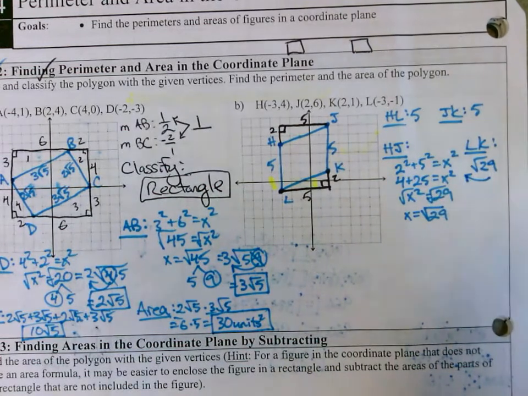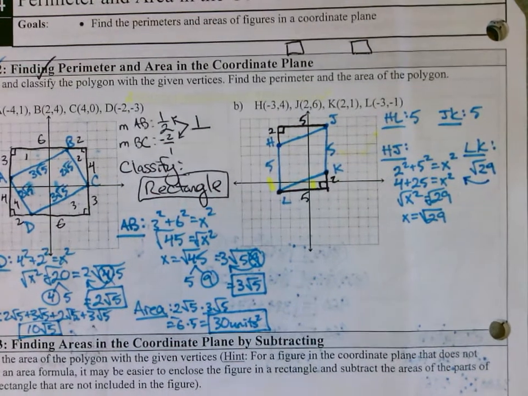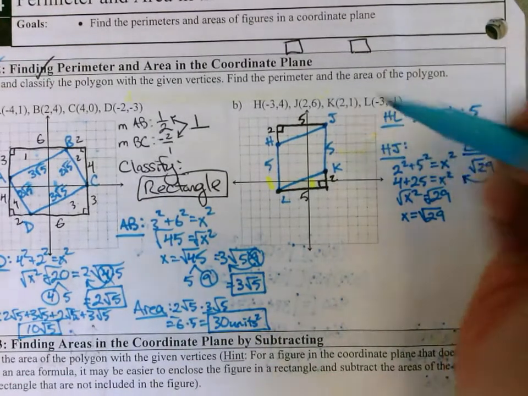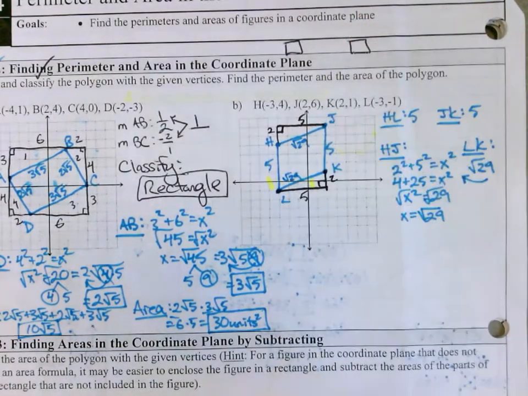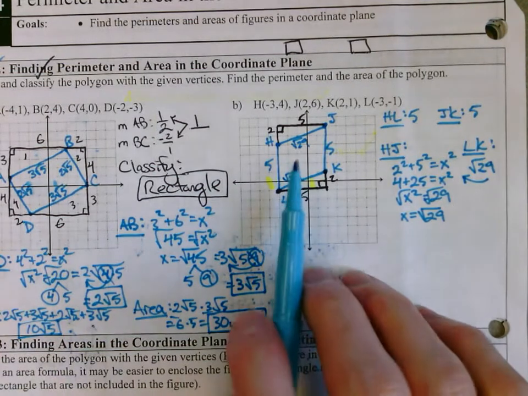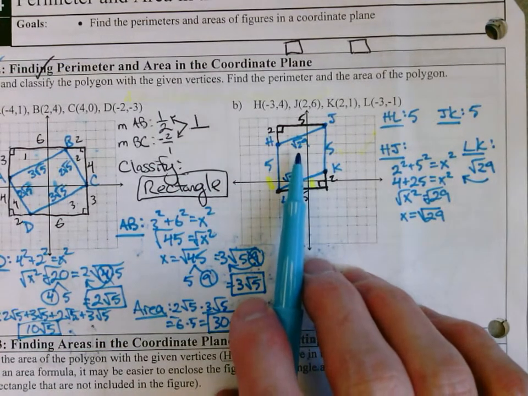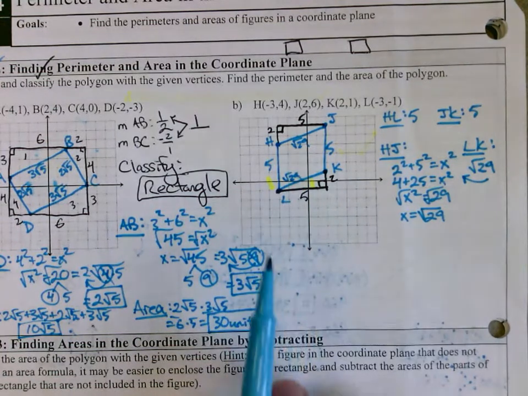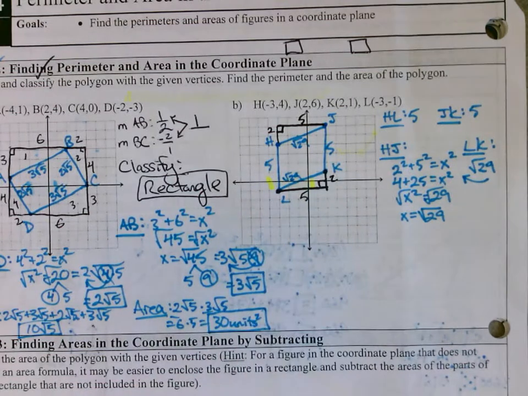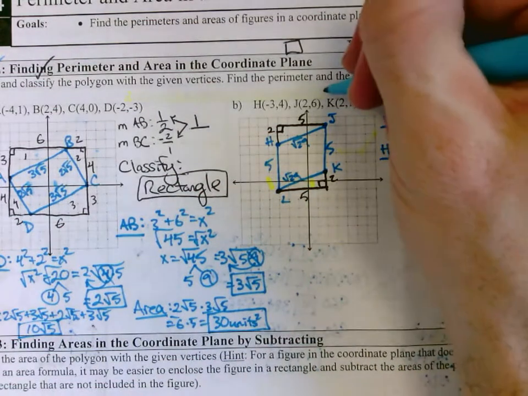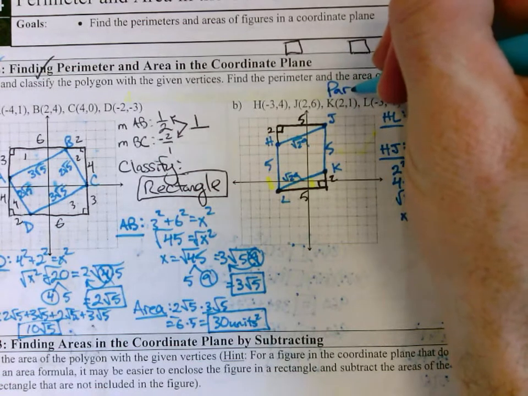With that new information, I'm going to put it back into the picture, root 29 and root 29. Now I notice that the square root of 29 is bigger than 5 and less than 6. So since these two sides are not the same as HL and JK, that means that rhombus is out, and therefore it has to be a parallelogram.